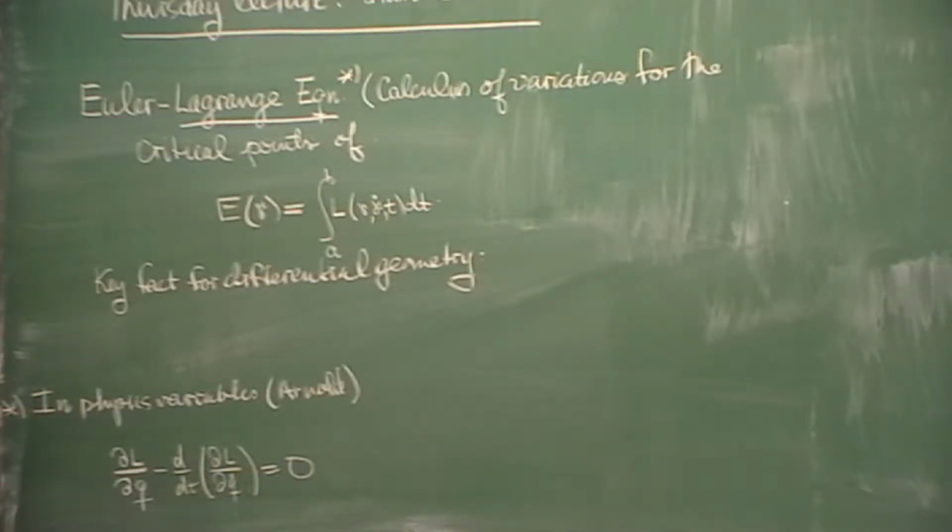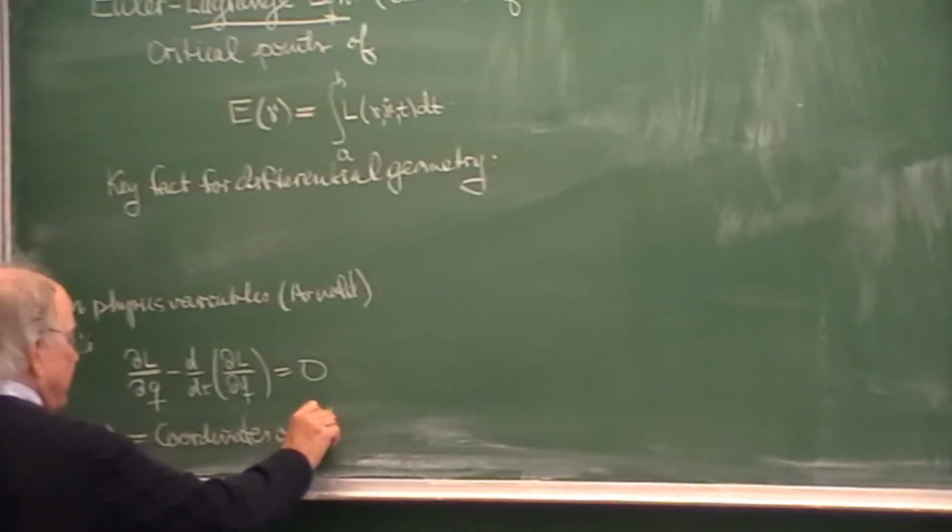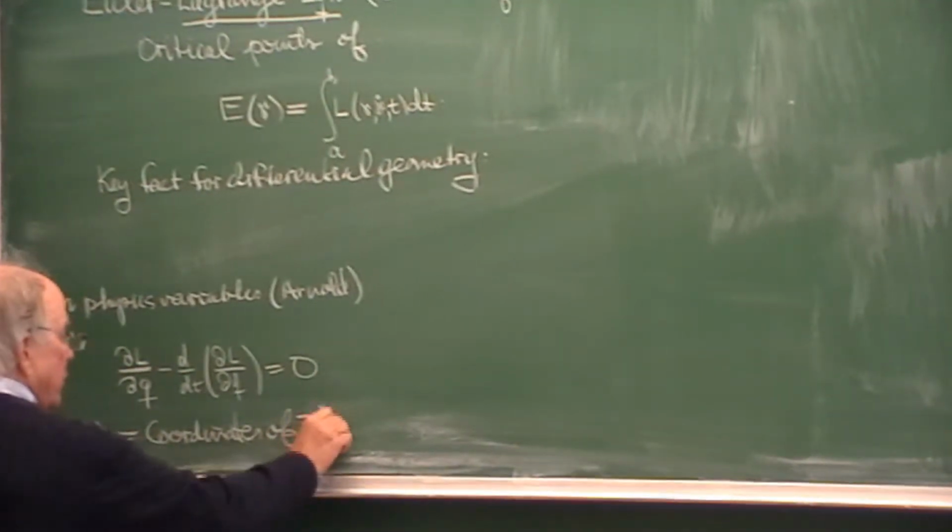You like it? Okay. And these are the coordinates of the cotangent bundle. You know about this now.